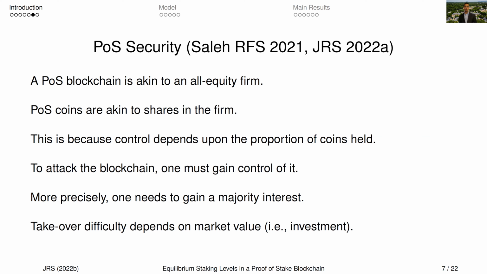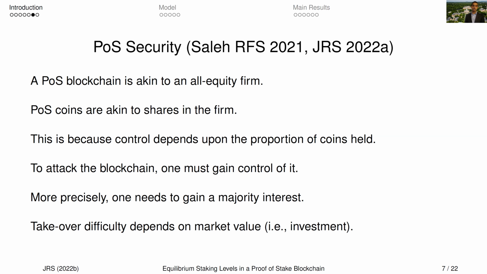This sounds a lot like a takeover of a publicly traded firm, and to take over a publicly traded firm, you have to acquire sufficient interest in the firm. That means the difficulty is going to depend on the market value. For example, Apple is harder to take over than Twitter because Apple has a higher market value, so getting to any threshold, let's say 50%, is much more expensive for Apple than for Twitter.